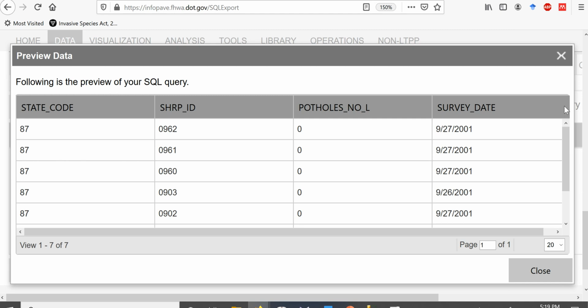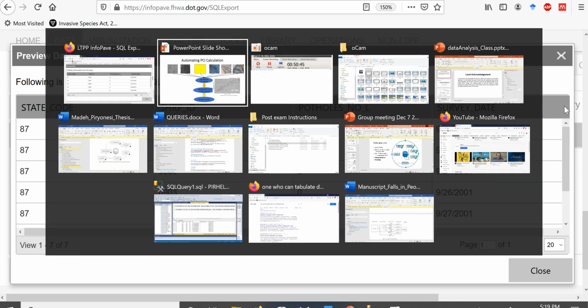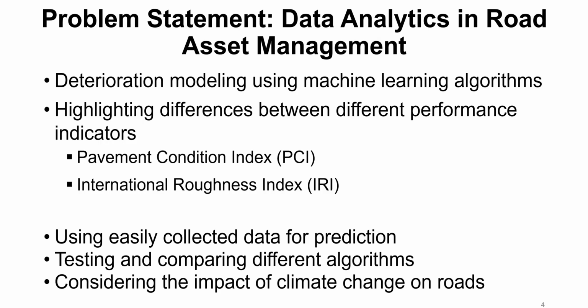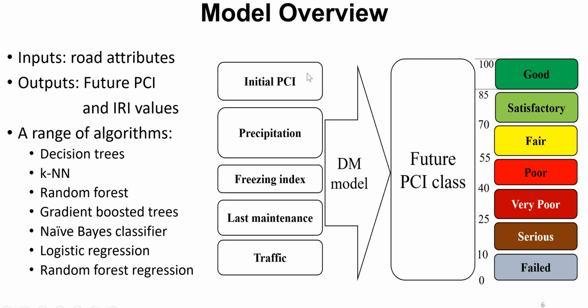So now assume that we have all of this and we run our PCI calculator and calculated the PCI. Now what I should do is, if I go back to my conceptual model over here, I have my initial PCI. Now I have PCI in another year because I calculated all the PCIs. Now I have to marry the two, put them together so I can train models using that.